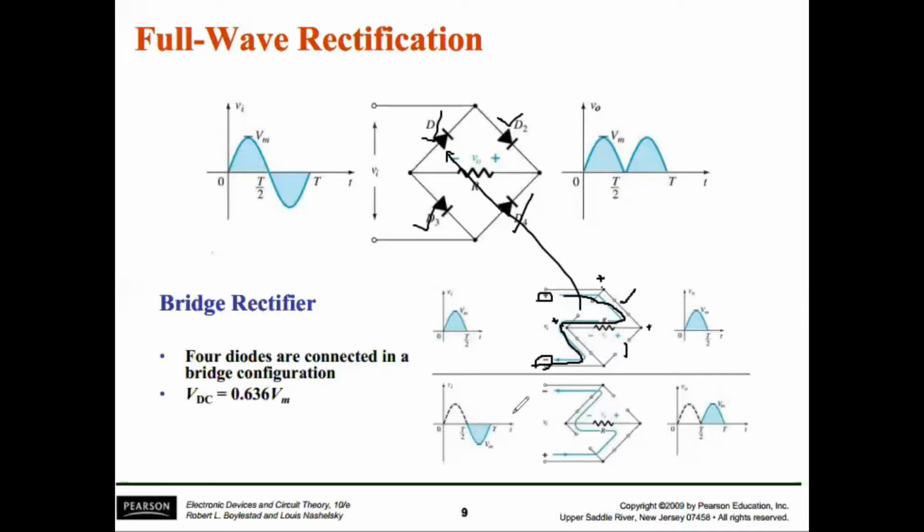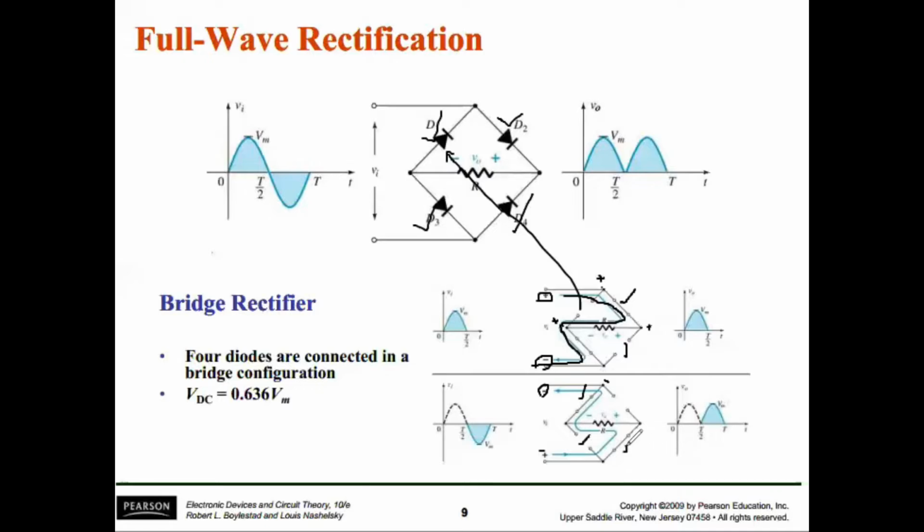Similarly, for the negative case, the terminal will behave like negative here and positive here. When this negative comes here, this diode will behave as forward biased. Similarly, from here, this diode will behave like an open switch, because this is now reverse biased.